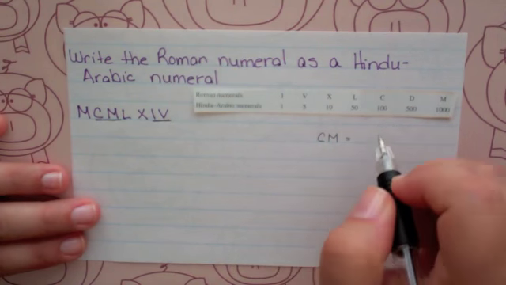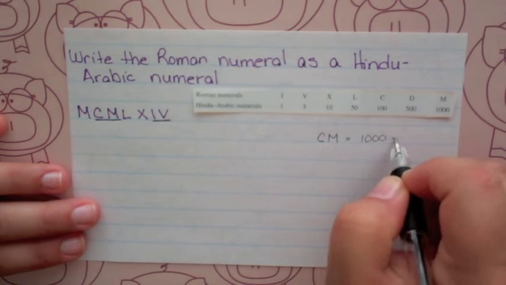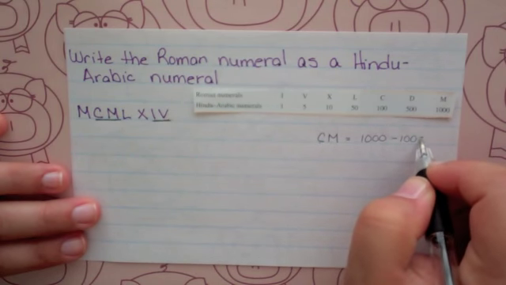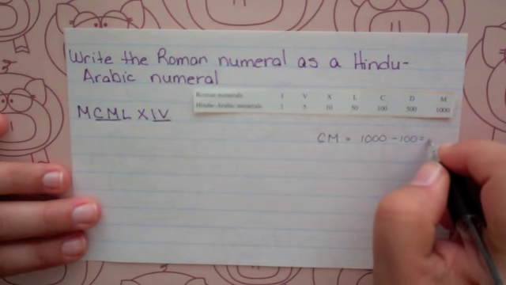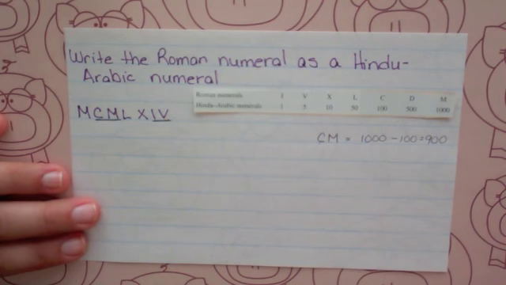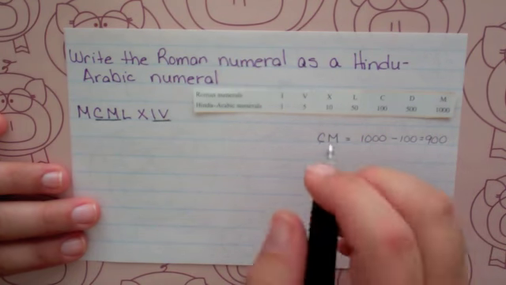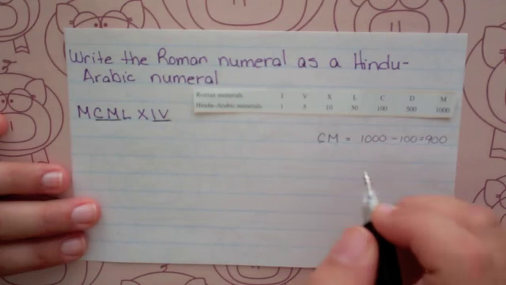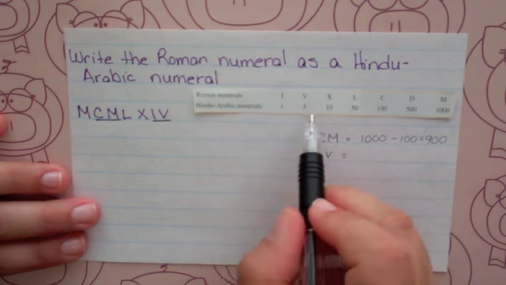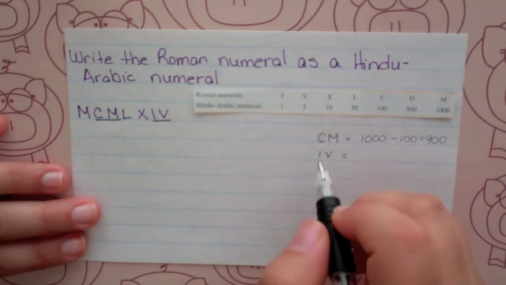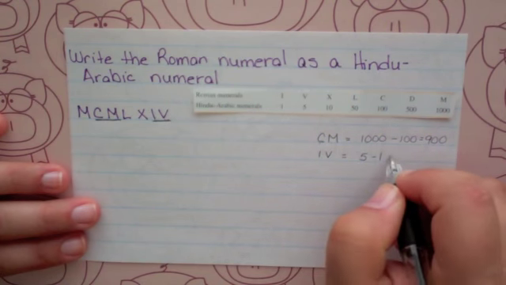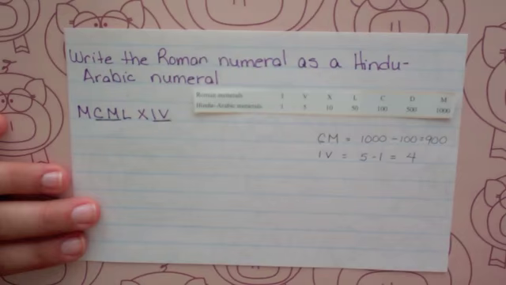M is 1,000, and we're going to subtract what C is, which is 100. So CM represents 900. As an additional example, let's do IV. Notice that they're in reverse order here. V is 5, the I is 1, and 5 minus 1 is 4.